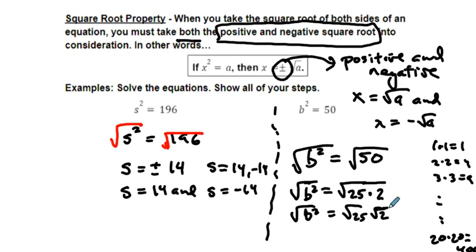This is all stuff that we did in Algebra 1, and hopefully it's coming back to you. Once you split it, you see that you've got one that you can do, and one that you can't do. So this is going to give us positive and negative 5, because the square root of 25 is 5, 5 times 5 gives us 25, and then the square root of 2.